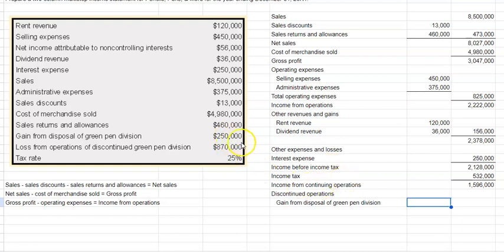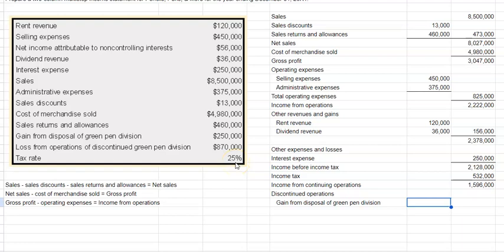In our case, this gain from disposal of Green Pen Division is coming after this income tax calculation, which was based on everything above it. Those gains and losses from the discontinued operations were included in that calculation. So when we say, oh, they have a gain of 250,000, we want to say, okay, yeah, it was 250,000, but 25% of that is being taken out for tax.